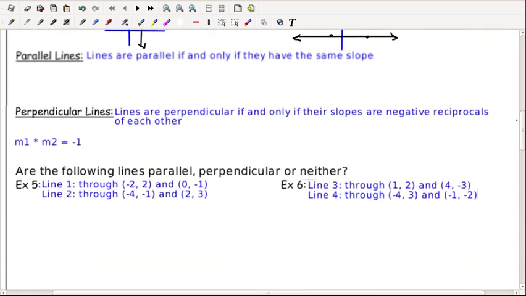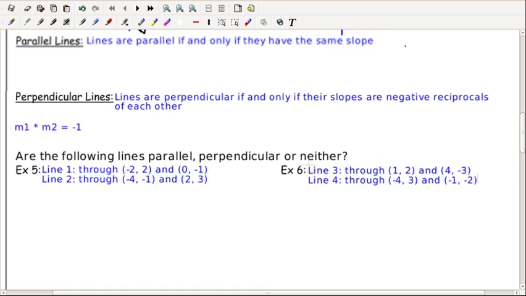Now we're going to take a look at the idea of parallel and perpendicular. So, lines are parallel if and only if they have exactly the same slope. Again, let's do a quick sketch here for you. Two lines are parallel if they have exactly the same slope.